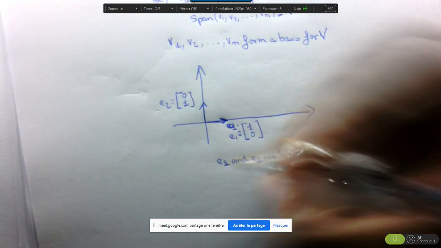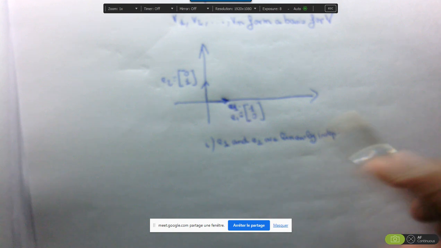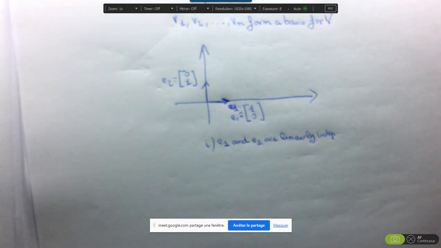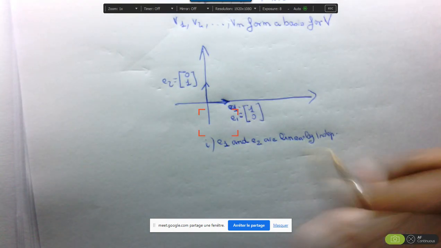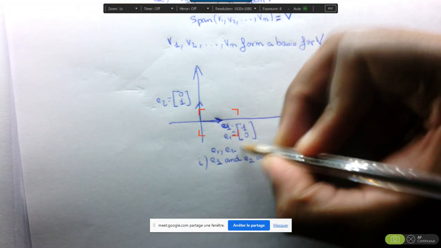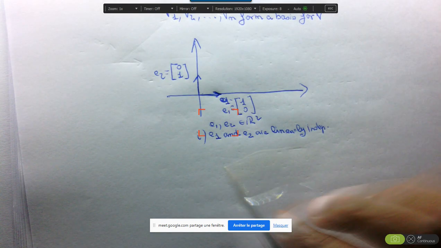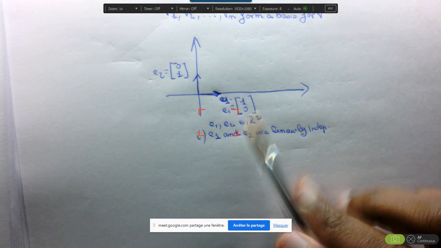And secondly, e1 and e2 belong to the vector space R2, and we can pick any vector in R2.